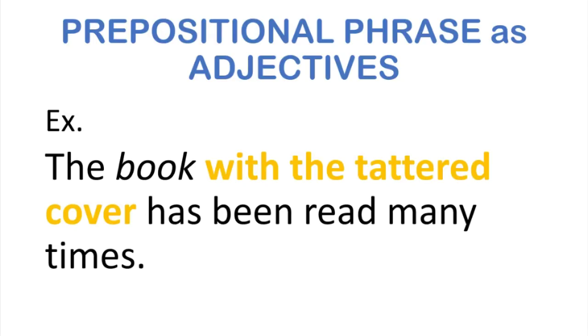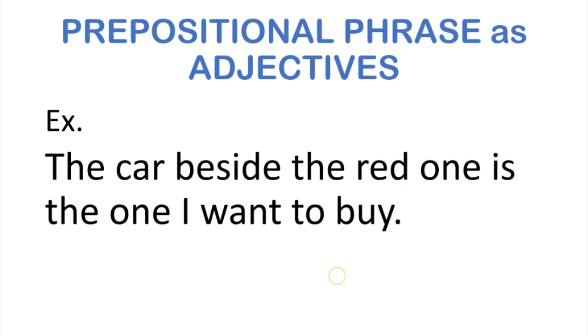Next, the book with the tattered cover has been read many times. So the prepositional phrase used in the sentence is with the tattered cover. And it is describing the book in terms of manner. Next, the car beside the red one is the one I want to buy. So what is the prepositional phrase used in the sentence? Okay, beside the red one.